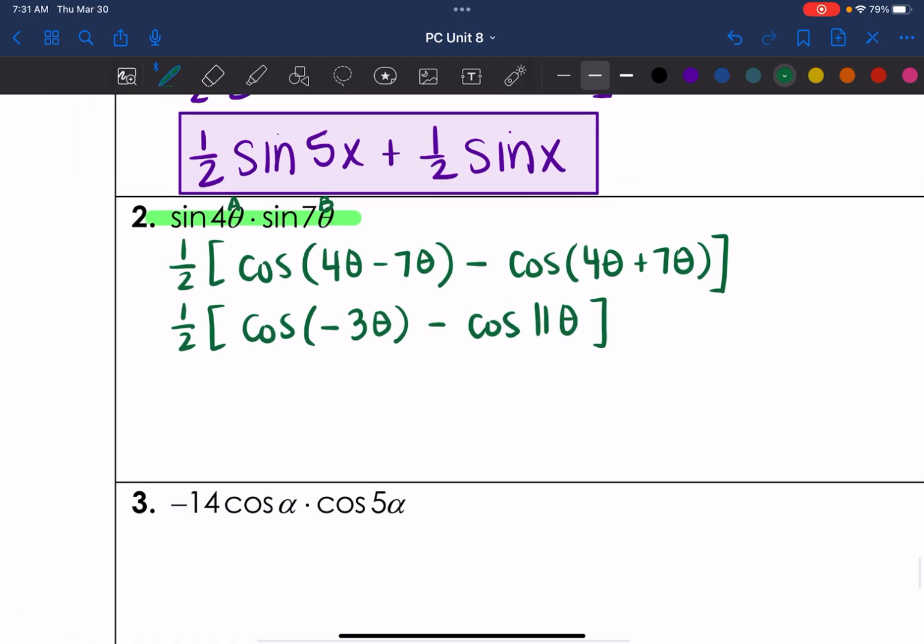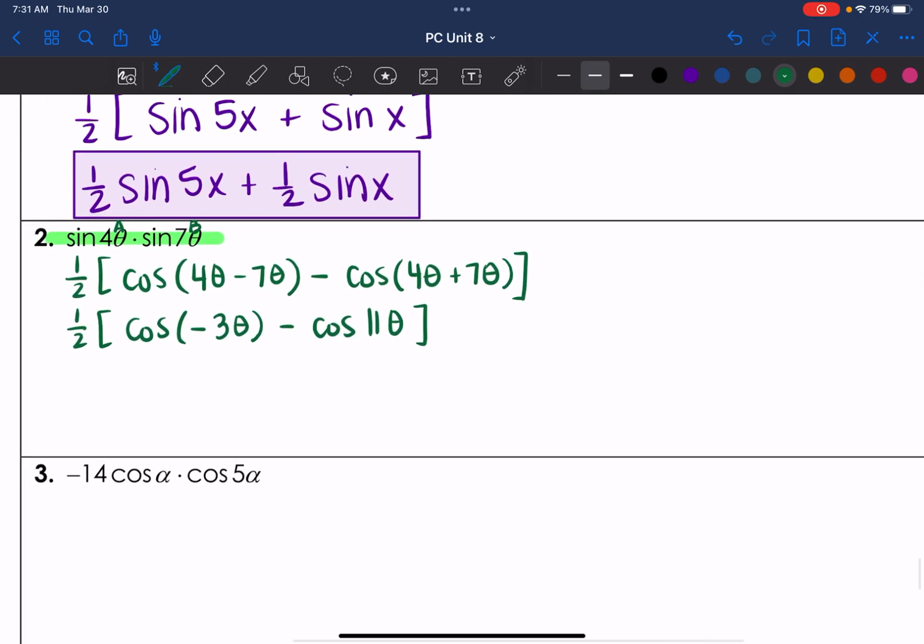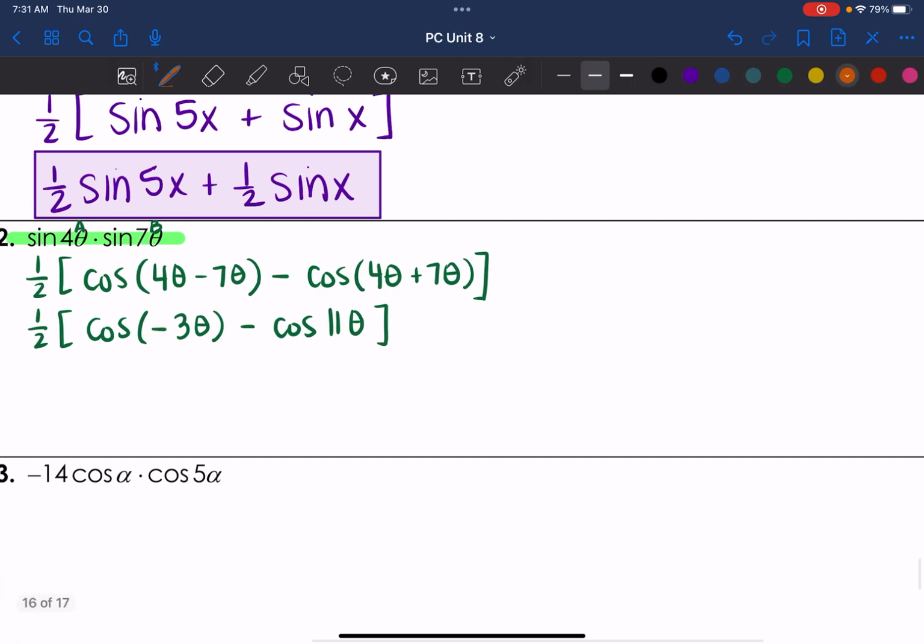Okay, so just off to the side, I'm going to write something. We don't usually like when this happens, when there's a negative angle inside of the parentheses here. So if I see a negative angle, my thoughts go to the even odd identities.